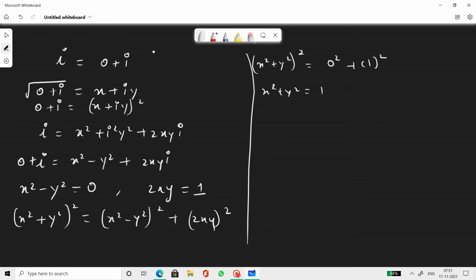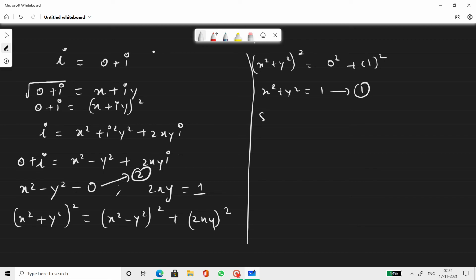So this is plus or minus 1, but x square plus y square can't be equal to minus 1, so we ignore that. We consider only this equation as equation number 1. Now the one we received by equating the real will be equation number 2.